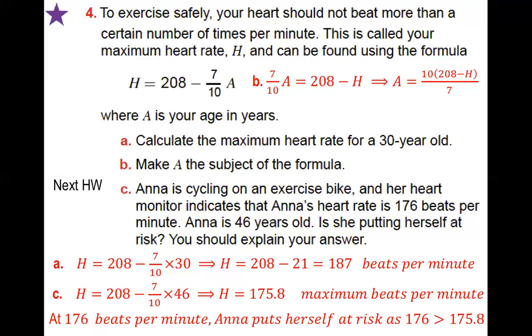So it depends on the interpretation. To me, I've put here 176 greater than 175.8, then she's putting herself at risk. That kind of covers you for both of them, doesn't it? Yeah, as long as you explain why the statement you've put is what it is based on, you're okay.